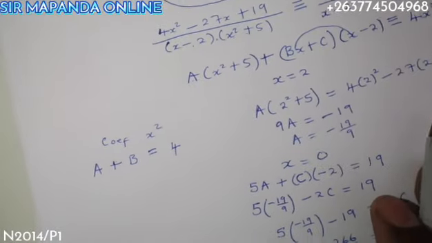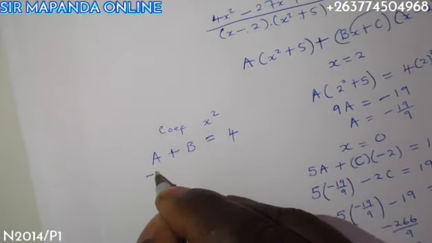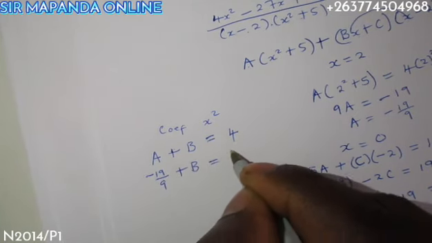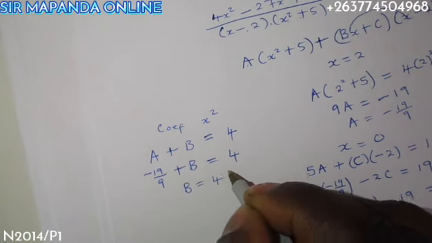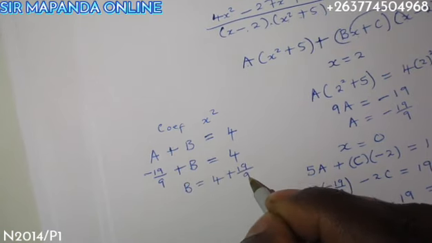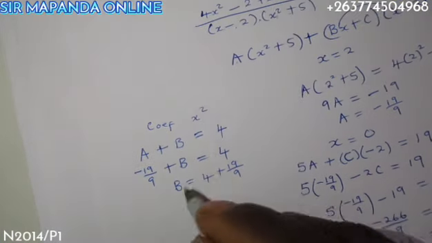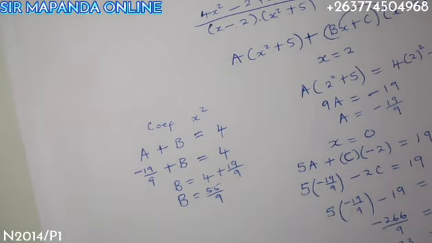So you write 4, representing the coefficient of x squared on your right. So a, which is minus 19 over 9, plus b is equal to 4. Therefore, b is equal to 4 plus 19 over 9. So 4 plus 19 over 9 gives 55 over 9. B is equal to 55 over 9.